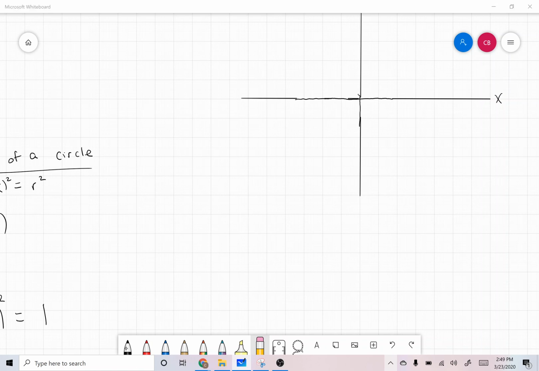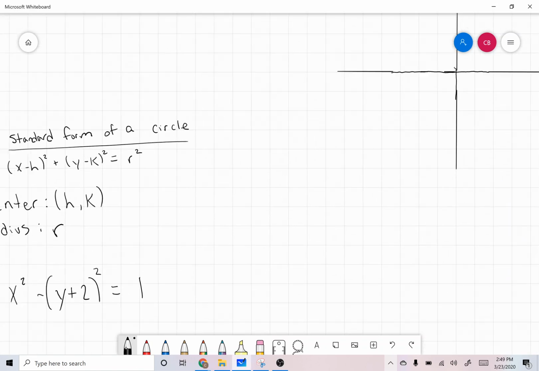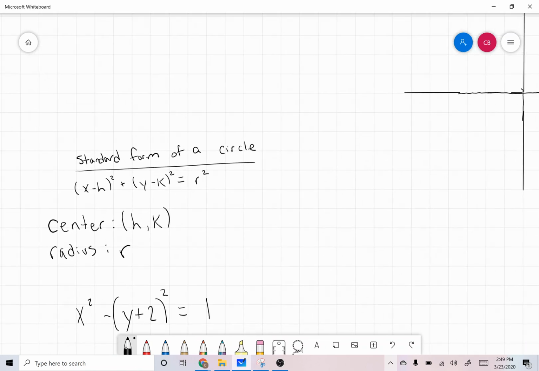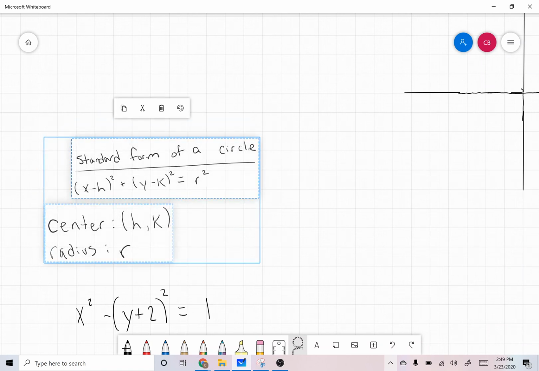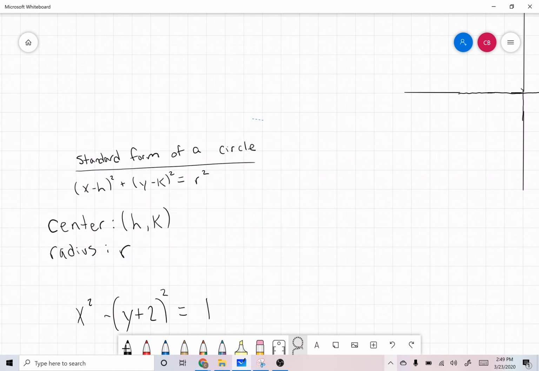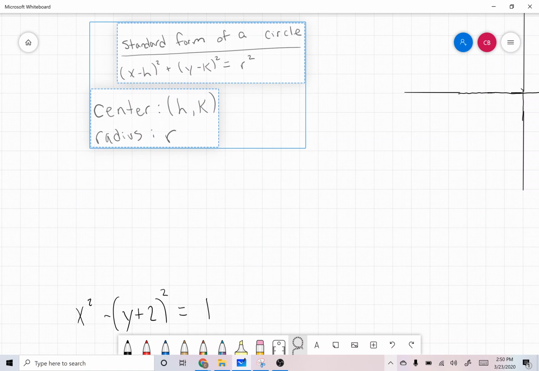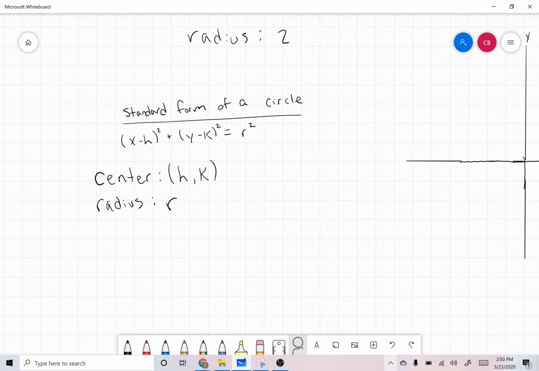Now we'll look at the next part of these types of problems that you're going to encounter. We've got the standard form. The standard form is (x - h)² + (y - k)² = r², where h and k are the center and r is the radius.